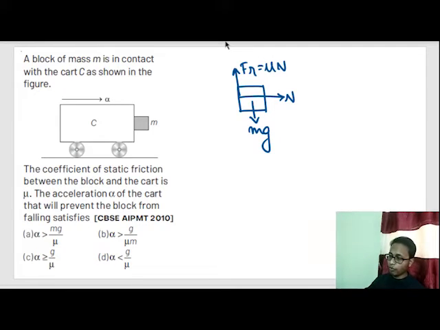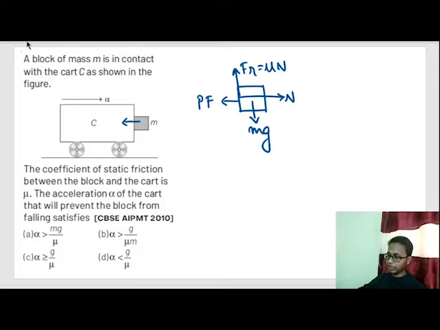So what is happening here? When we change the observer from here to an observer around here, there will be a pseudo force on this block acting in this direction. And this pseudo force is causing this normal reaction force. But you can say, sir, what happens when you don't change the observer?